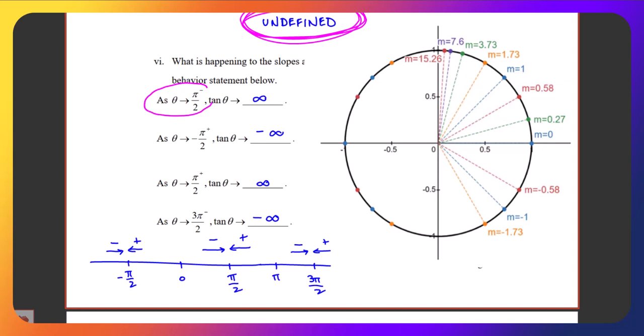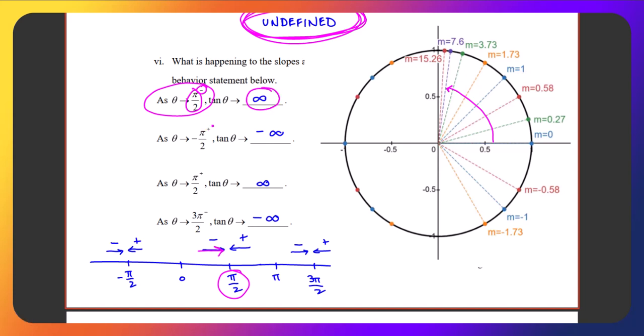As theta is approaching pi over 2 from the left, well, here's pi over 2 from the left. That's where the angle is getting bigger. And as the angle is getting bigger, the slope is getting steeper and steeper, and it's going to infinity.